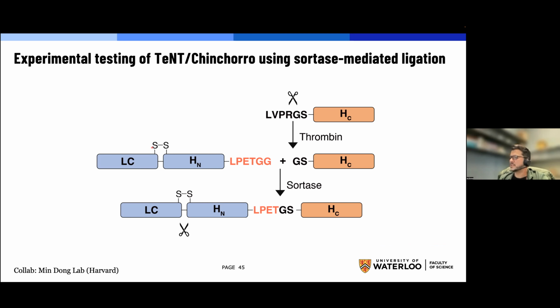Okay, and so this was done in collaboration with an expert at Boston Children's, that's Min Dong, also at Harvard. Min Dong's lab specializes in the testing of botulinum and tetanus neurotoxins, and they've developed a special technique for doing that which avoids a lot of the biosafety concerns that would result from full recombinant expression of these toxins.